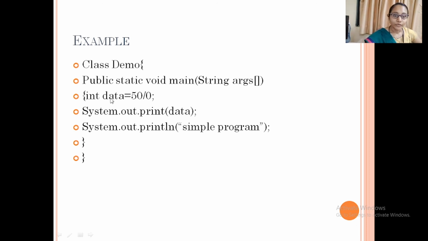But if I use exception handling, then I will be able to print this System.out.println line, simple program. So what happens in exception handling? The erroneous code will be skipped, but the code after the exception handling mechanism will be executed. So our program will not be stopped in between.